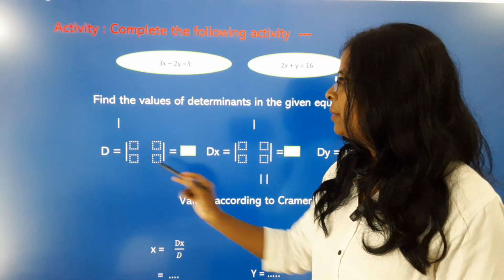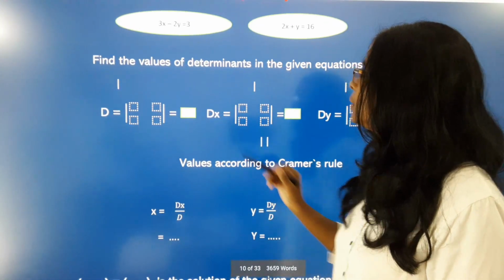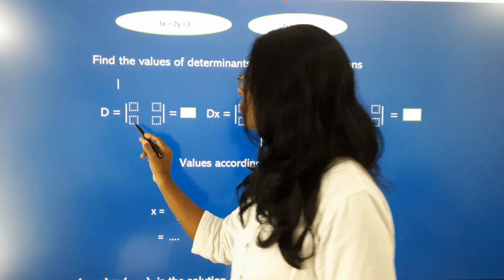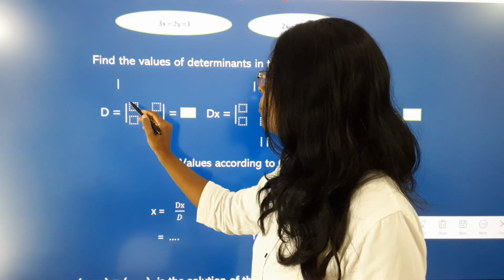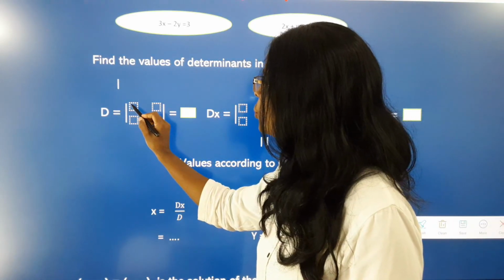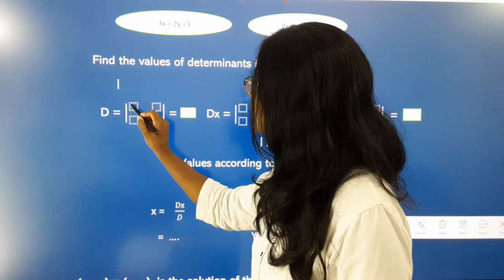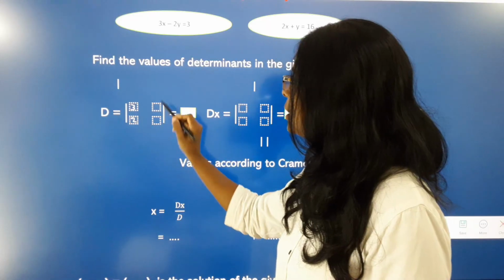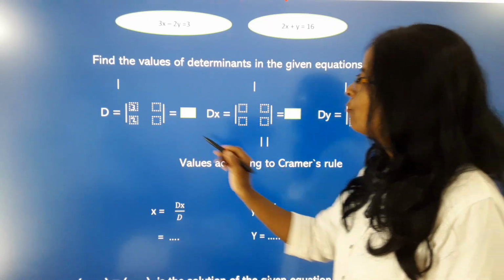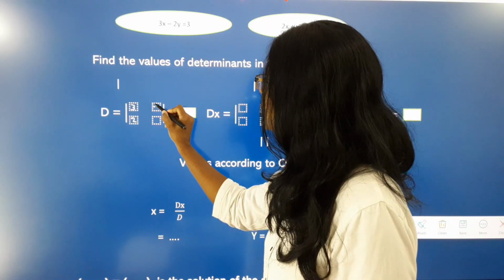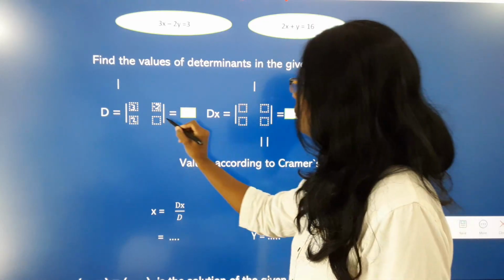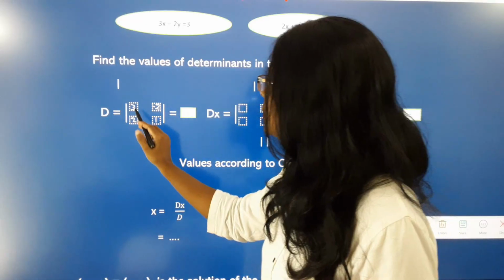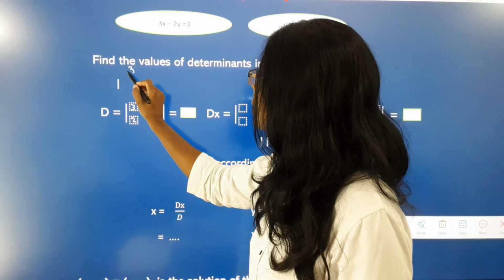So the determinant D: in the first column write down the coefficient of x, so 3, 2. In the second column write down the coefficient of y, that is minus 2 and 1.